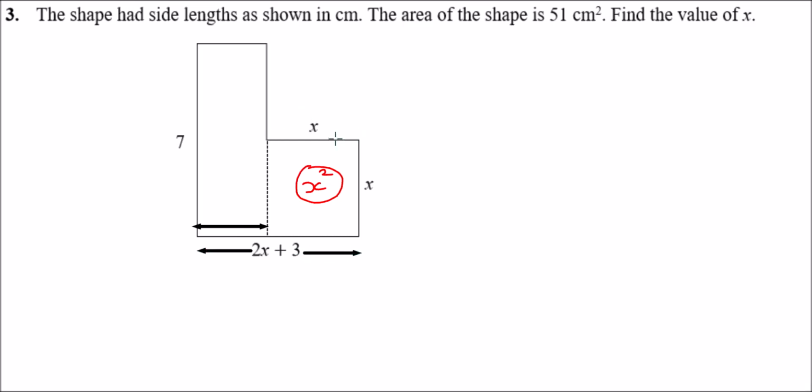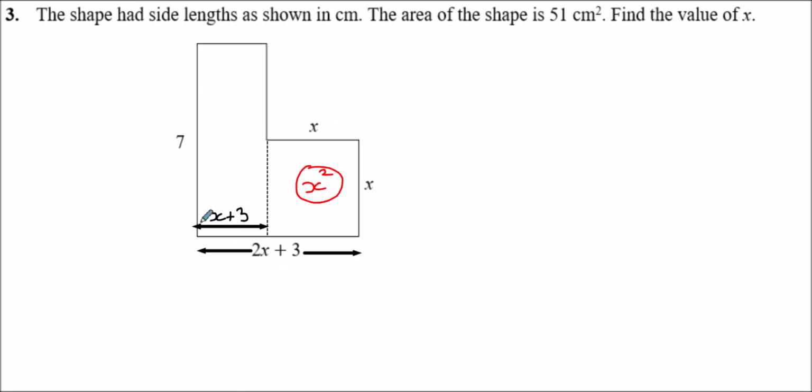This bit here has a width of x, and so if the whole thing is 2x plus 3, and this bit's x, this must be the remaining x plus 3. And so this width here, I can just add in what it is, x plus 3. To double check, x plus 3 plus x is 2x plus 3, so it does make sense.